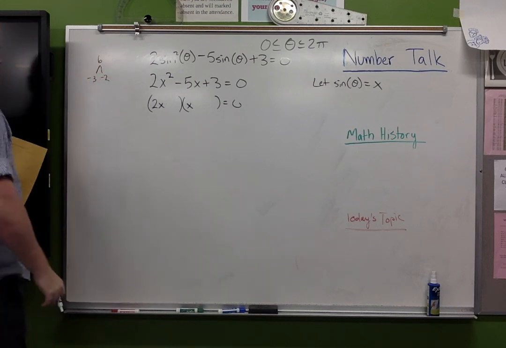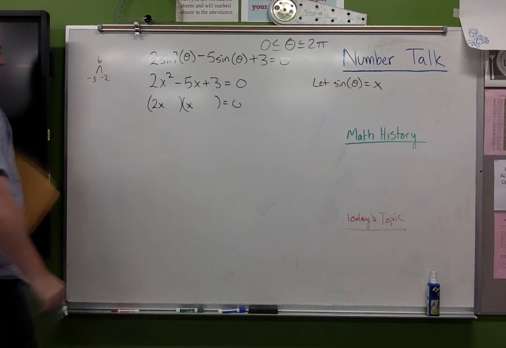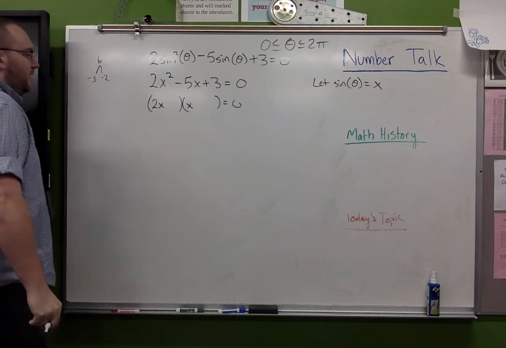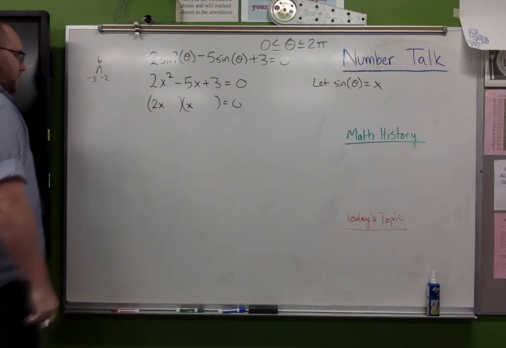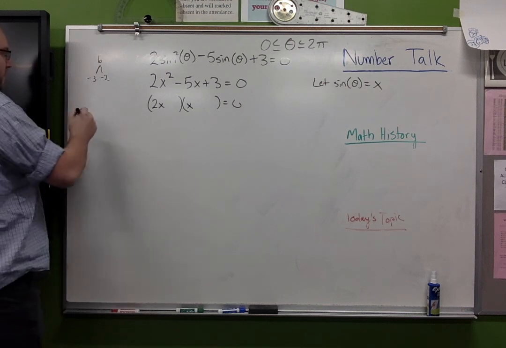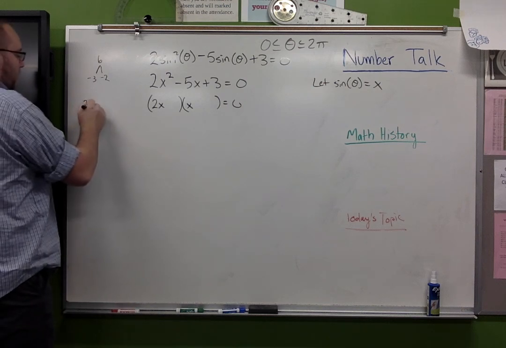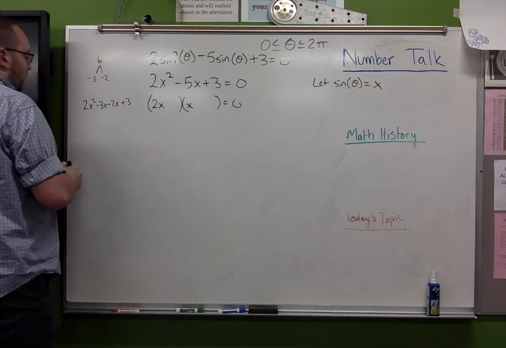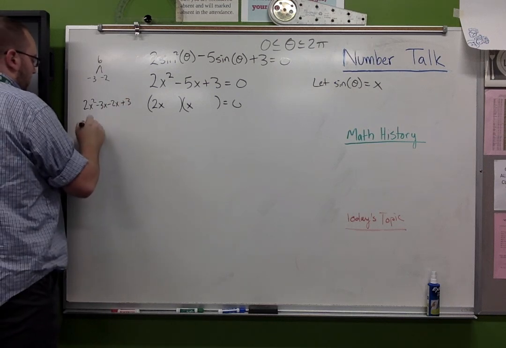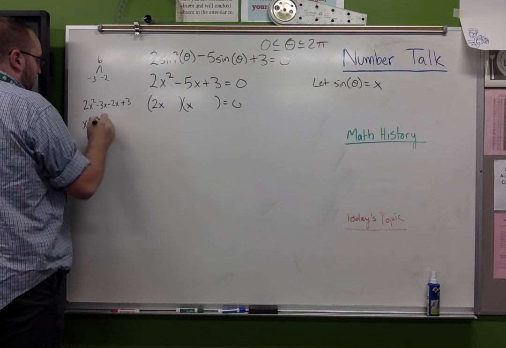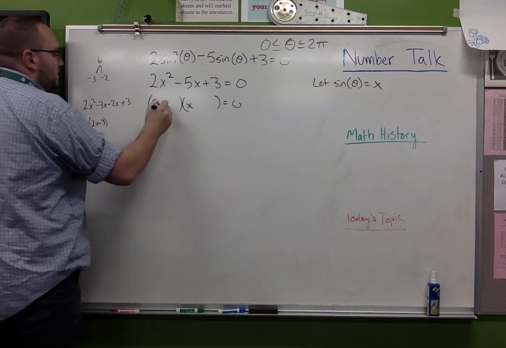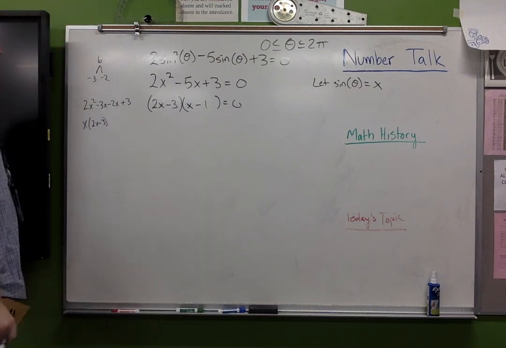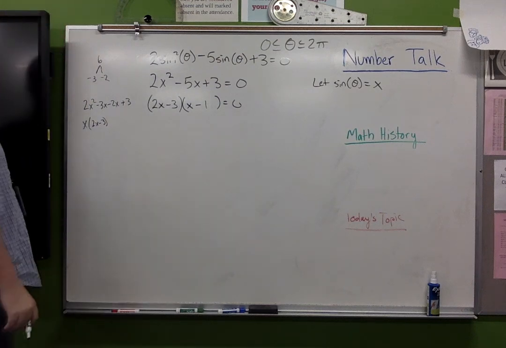Oh, no, you can. Let me factor in my head real quick. So we got 2x squared minus 3x minus 2x plus 3. Oh, it's minus 3 minus 1. That looks better. There you go.